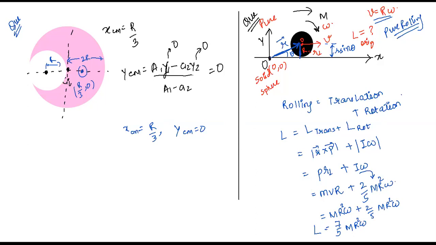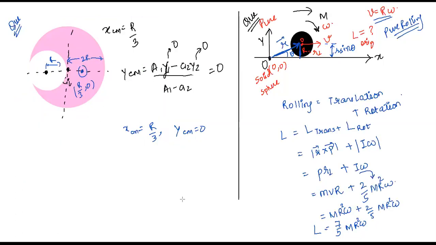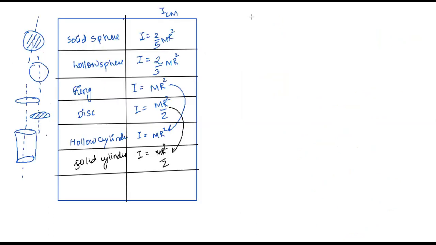Yes, sir. Now let's say I replace this solid sphere by a ring. Now tell me what will be the angular momentum. I'll repeat the question for everyone. We are given a ring which is placed on the x-axis. This is x and this is the y-axis.